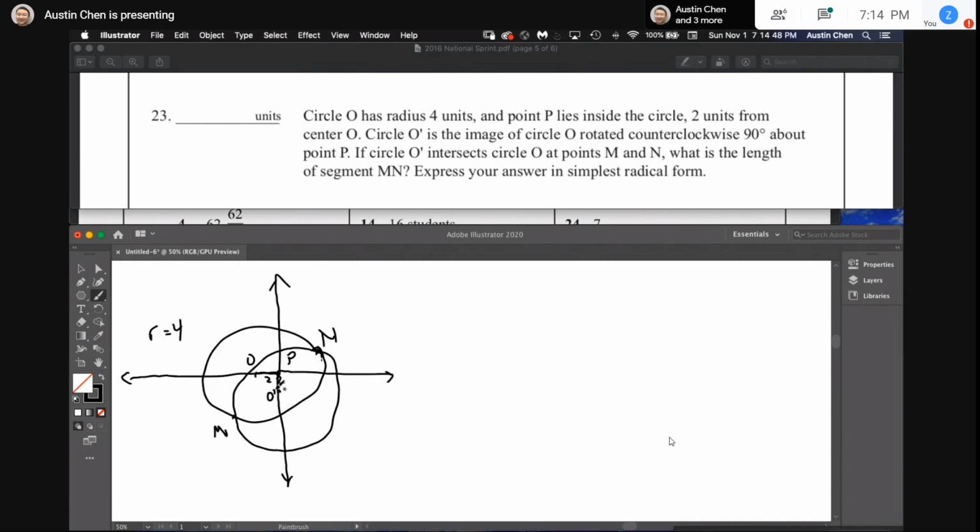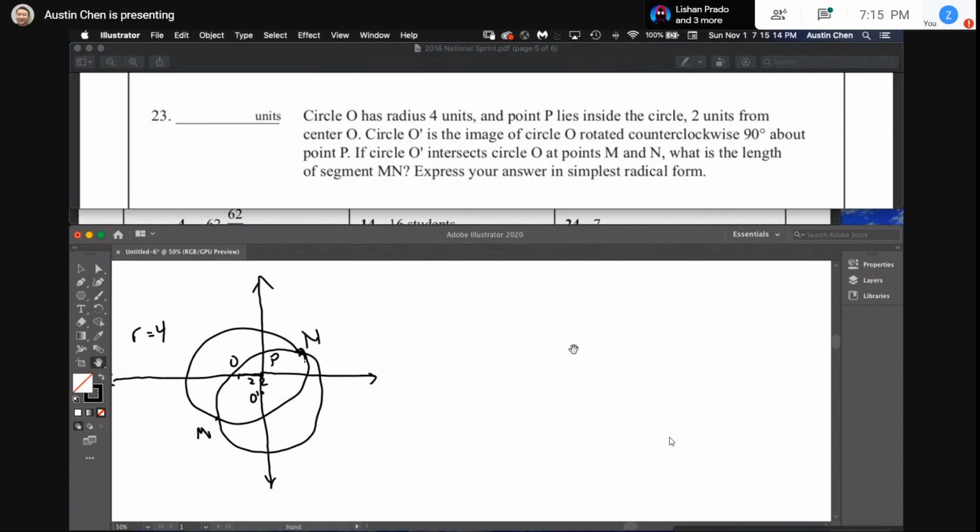And we also know that circle O prime will have the same radius, and we know where its position is in the coordinate plane. So we can also get the equation for that circle, right? So then we can use those two equations, coordinate geometry, to find 2 points, and then use the coordinates of those 2 points to find the length of that segment, right?